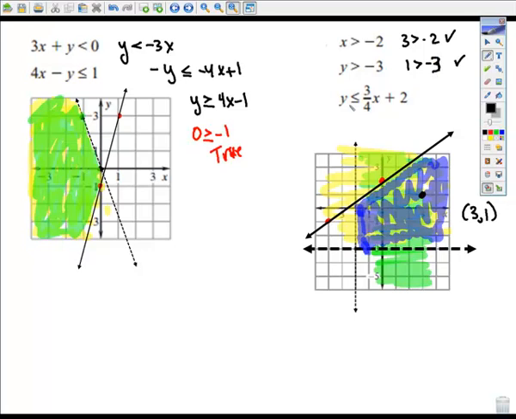And then here, if I put it in, I have y, 1 is less than or equal to 3/4 times 3 plus 2. Well, 1 is less than or equal to 9/4 plus 2. And you can see that 1 is already less than or equal to this because this is 2 1/4, this is 2, and 1 is definitely less than that, or equal to.